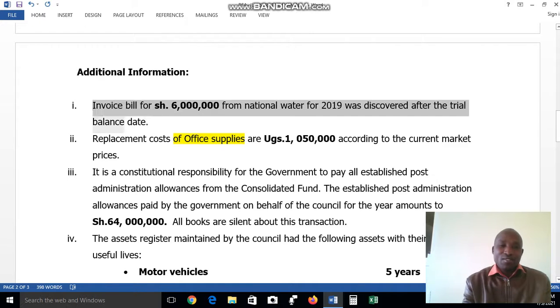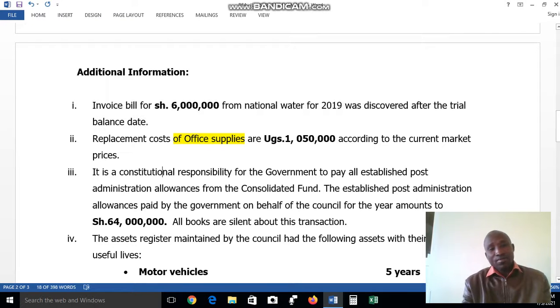If you are not conversant or you don't know how to use ledger accounts, please, oh my God, the double entry system is employed here. But let us see, we can simplify it. We shall go one by one, bit by bit, and get there. Don't get worried. So now, how can we deal with this item number 1?